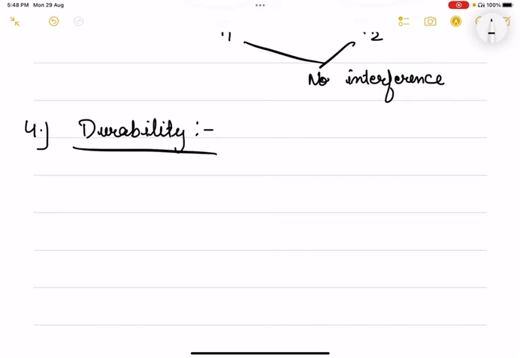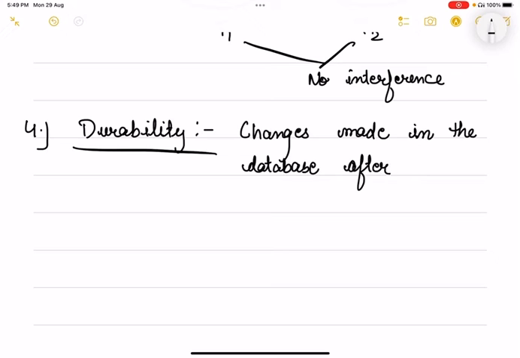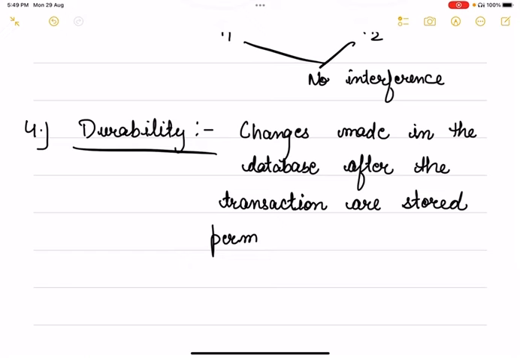So what does durability say? Changes made in the database after the transaction are stored permanently.